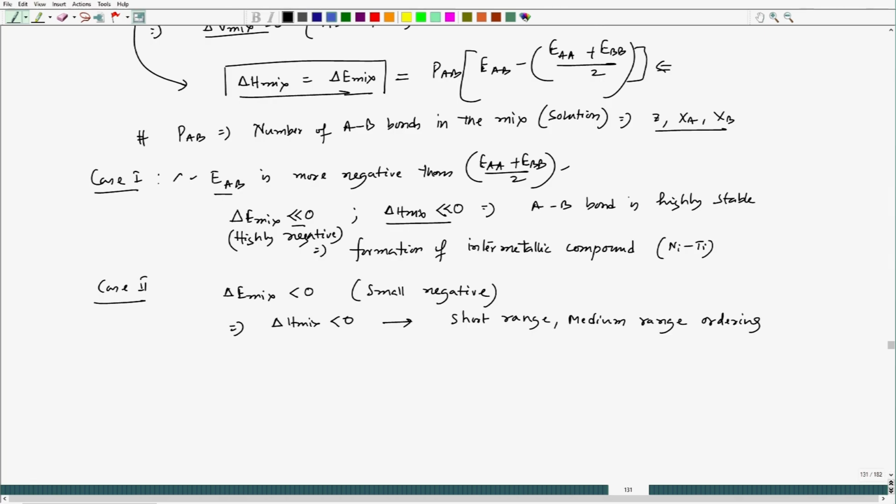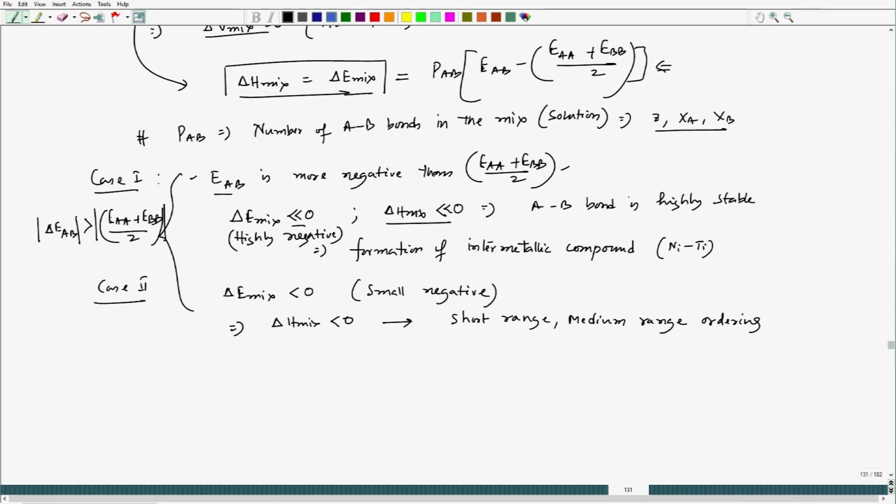So, these are both cases where del E AB is less than, or greater than if I talk about the mod values, only the values.